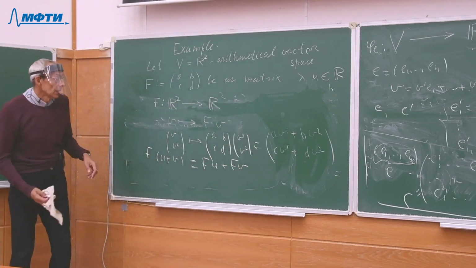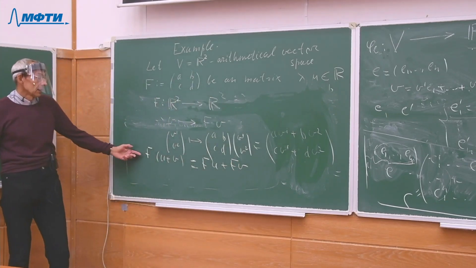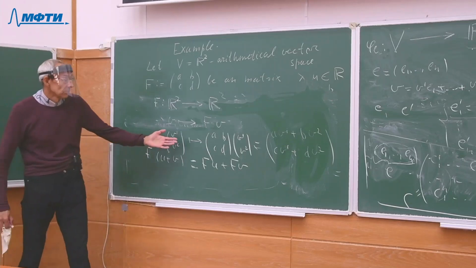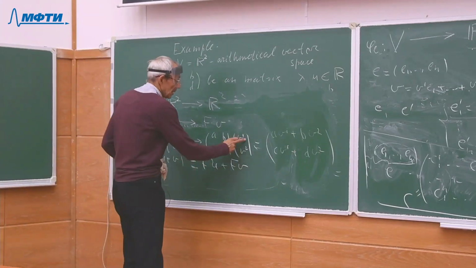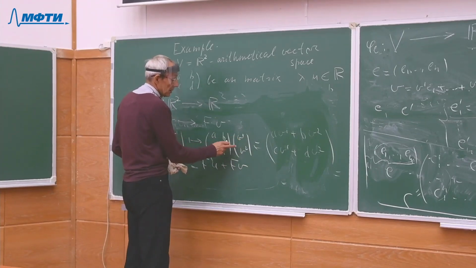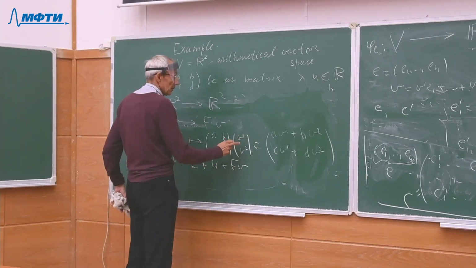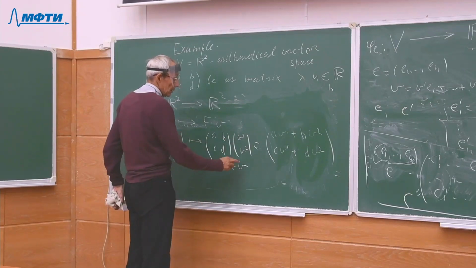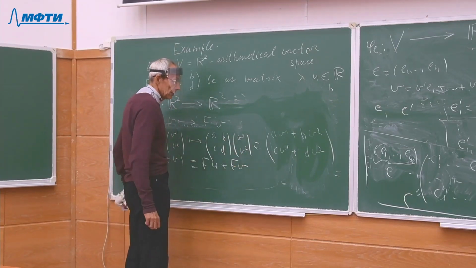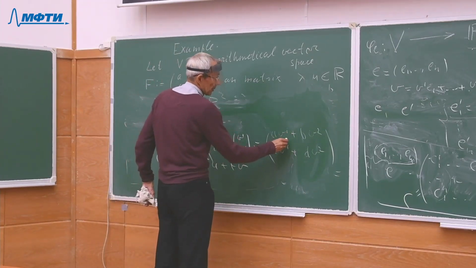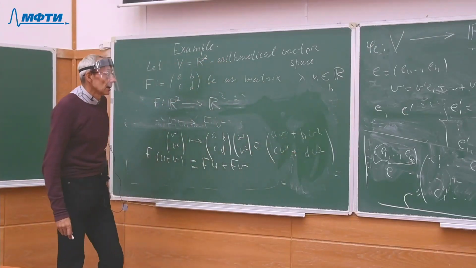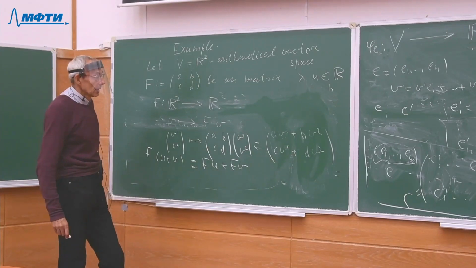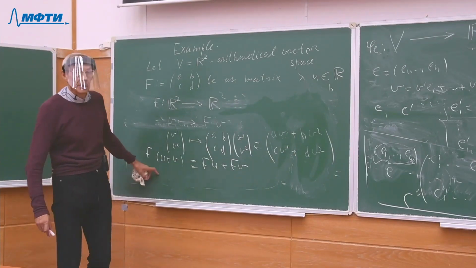We can check this formula on this example. If I replace v1, v2 with the sums v1 plus u1, v2 plus u2 in this expression, I obtain the sum of the corresponding elements, and using the definition of matrix addition, I obtain this equality.